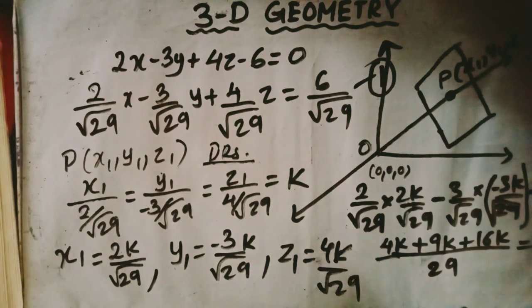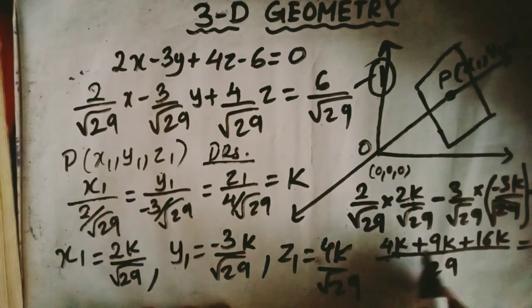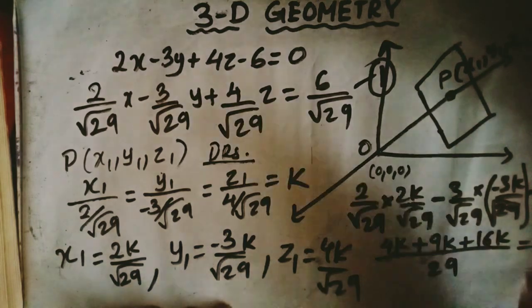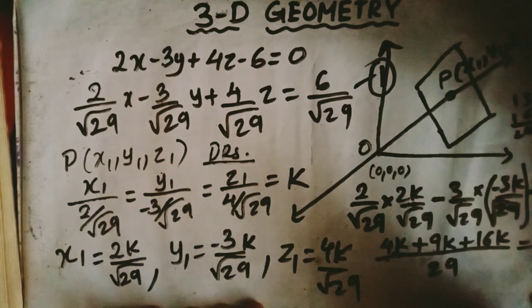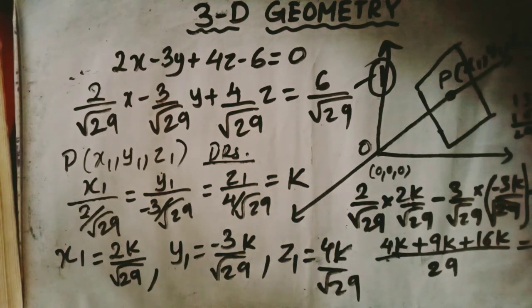So you can take this, this will be 13, plus 16, so it is again 29. So 29k upon 29, so you will get k equal to 6 upon root 29. So your k value is 6 upon root 29.